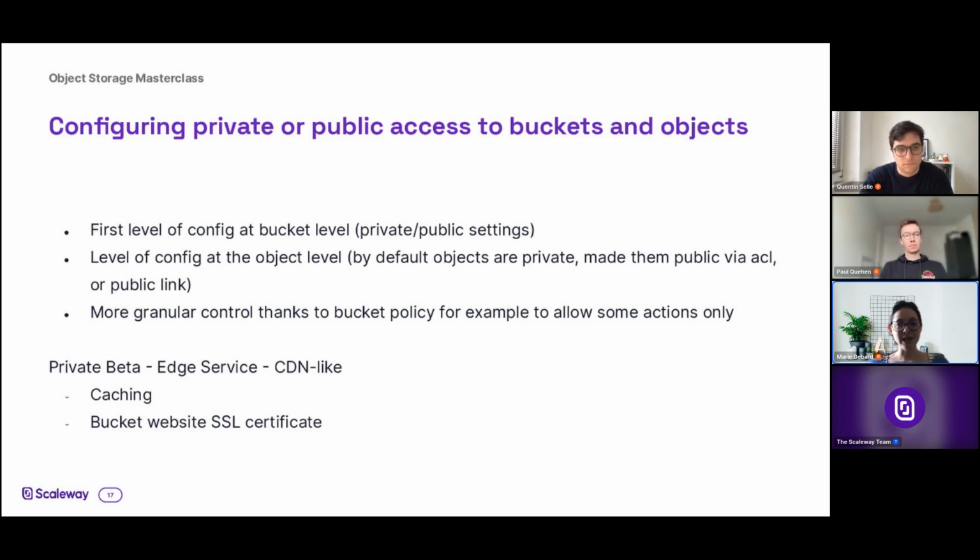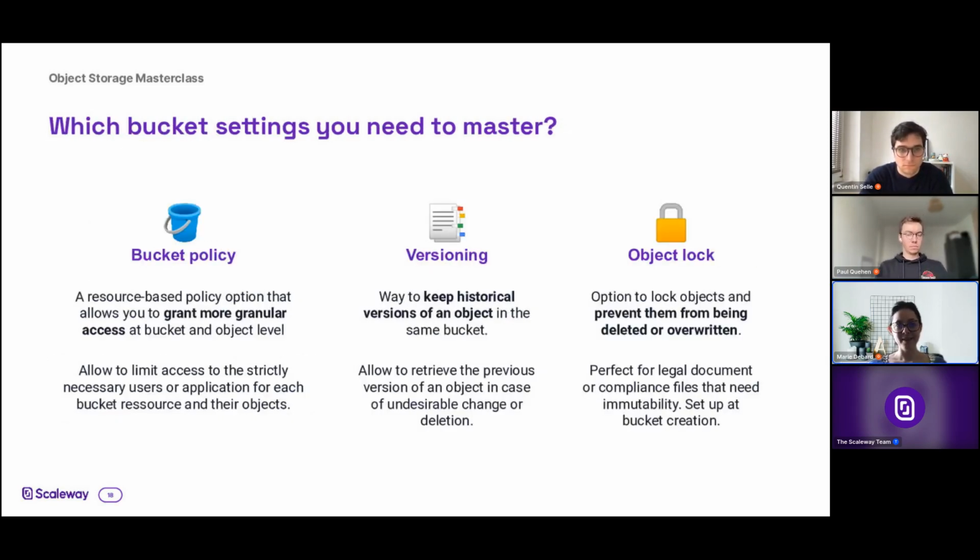There is also currently a product under private beta that works with object storage, which is Edge Services. This is kind of CDN-like and can be useful for caching purposes with object storage or for generating, for example, SSL certificates for a bucket website.